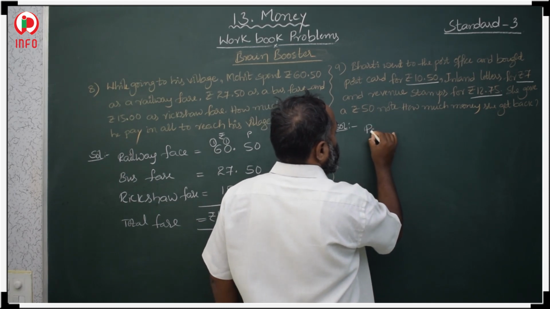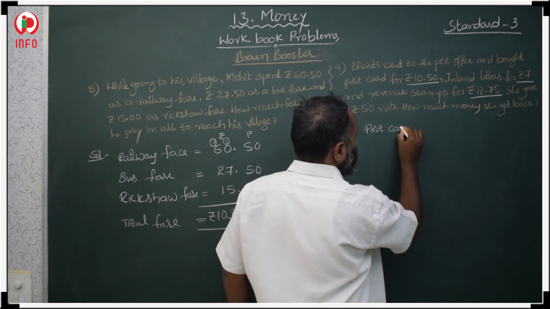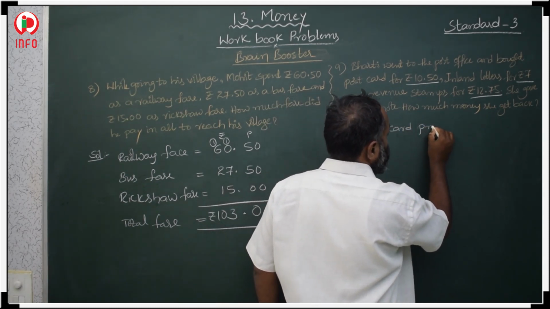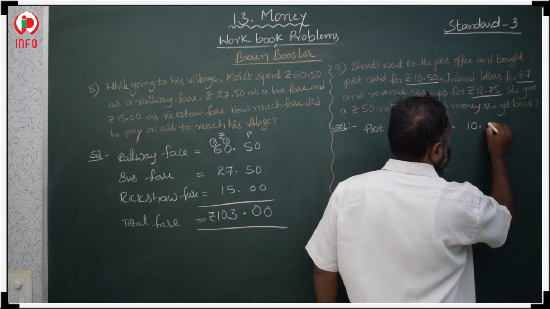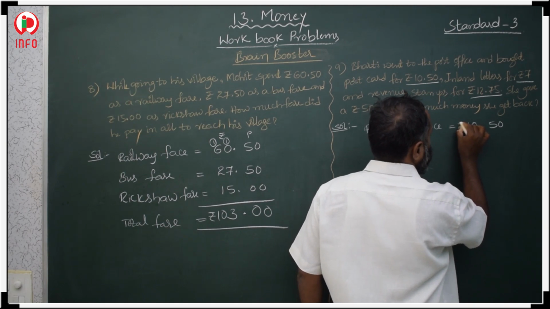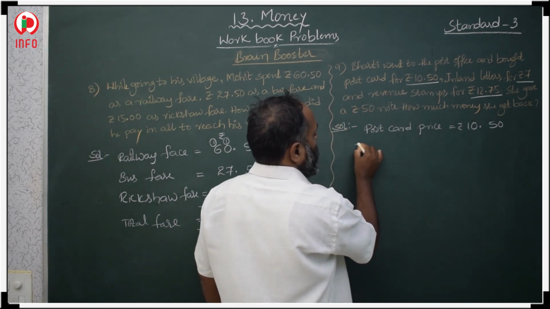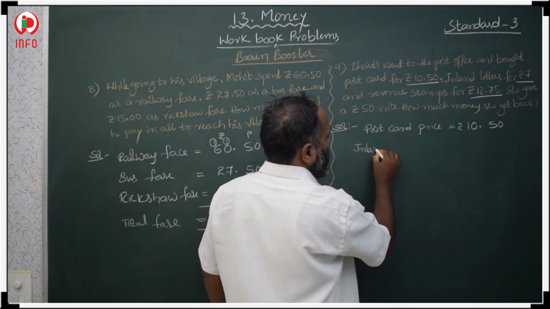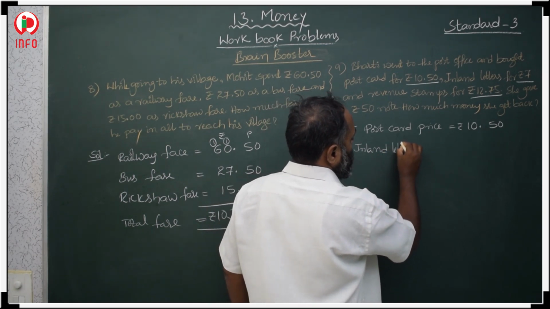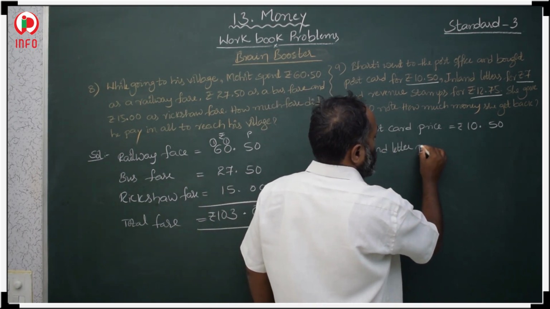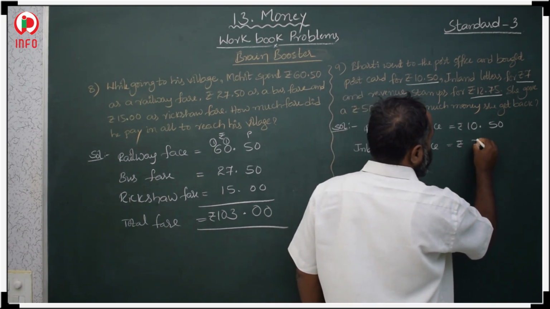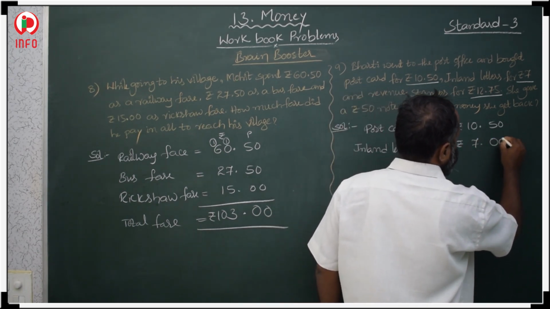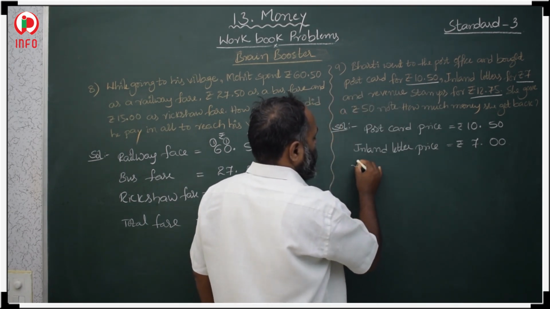Now, postcard price: 10 rupees 50 paisa. Next, inland letter. Inland letter price, that is 7 rupees. Next, revenue stamp.